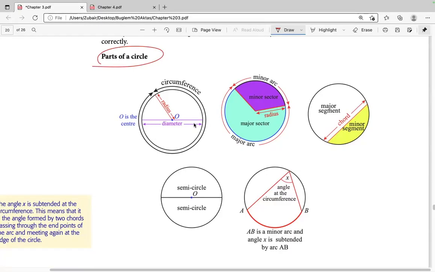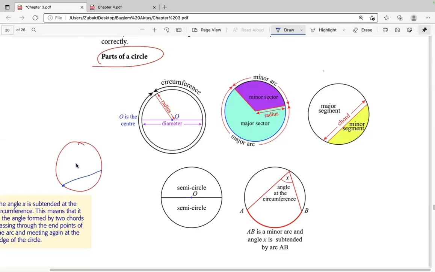The diameter is the maximum distance inside a circle between 2 points. Radius is from the center to the circumference. Any length which touches the circumference at two different points and is less than the diameter is known as a chord.